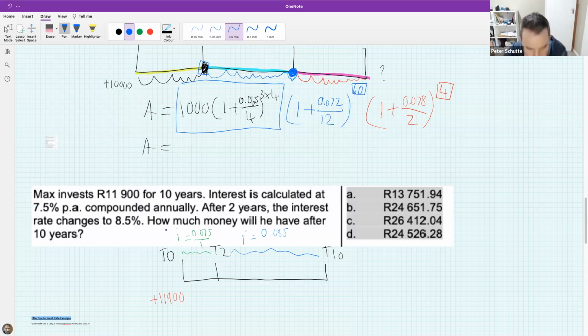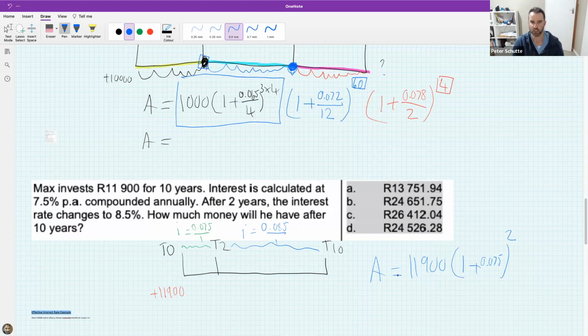Okay, you know what? Again, you're going to have to assume it's per annum here because it doesn't say it's compounded any differently. So it's going to have to be per annum, which makes life very simple because you start with 11,900 and it grows for 2 years and the interest rate is just going to be 0.075 to the power of 2.